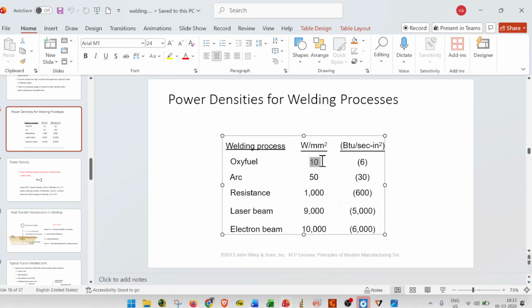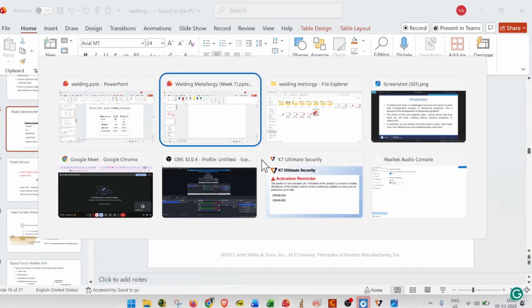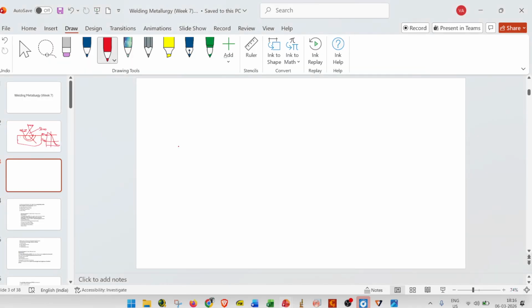Heat input per unit area is much lesser in oxy fuel welding. So to reach the molten state, we have to provide this heat input for a very long duration. In that case, the region of the molten pool and heat affected zone will be much larger.